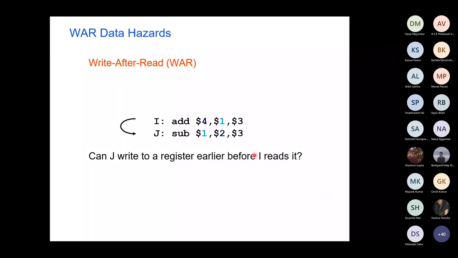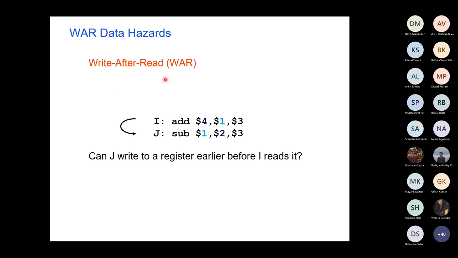Question is, can J write the register earlier, before it reads? In the previous instruction, this will be read, and in the next instruction, it will be written. However, if this instruction is delayed and somehow this instruction is executed earlier, then it will be written earlier, before it is read.